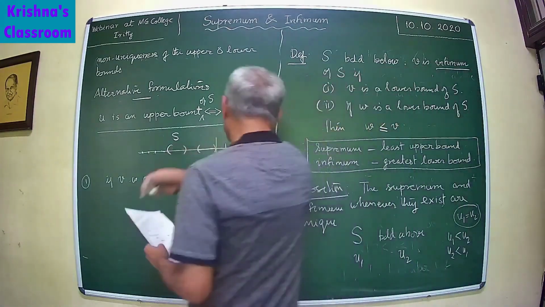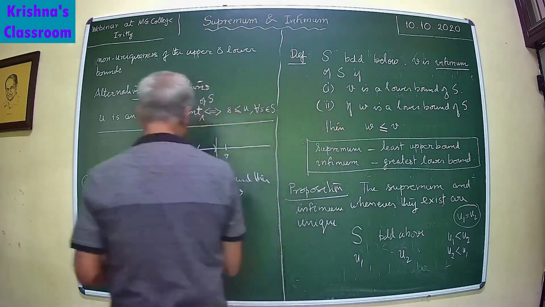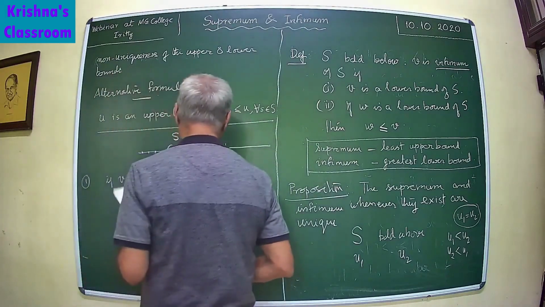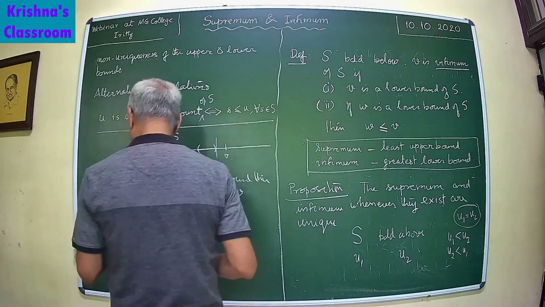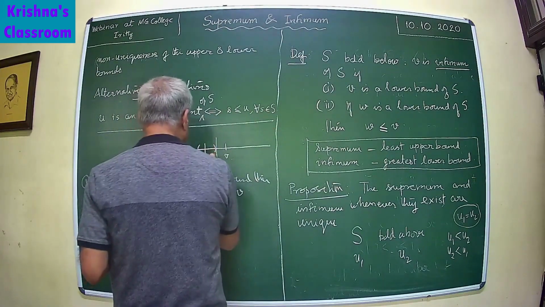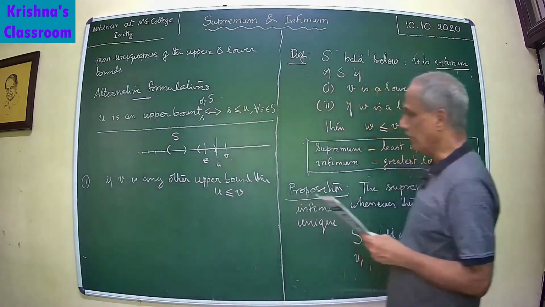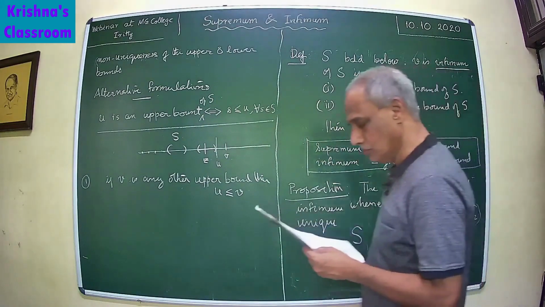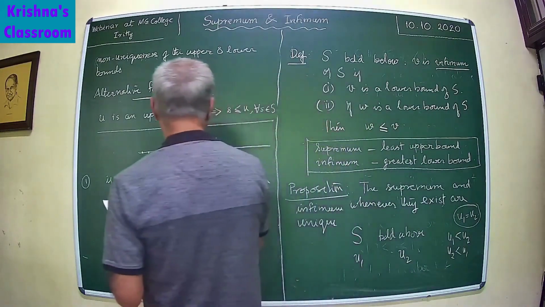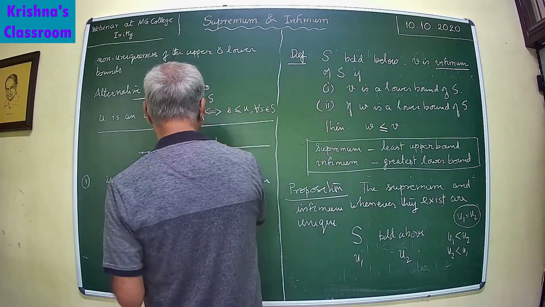It is also equivalent to saying that if Z is some number which is less than U, then Z cannot be an upper bound of S. That's what you come to at the extreme point.